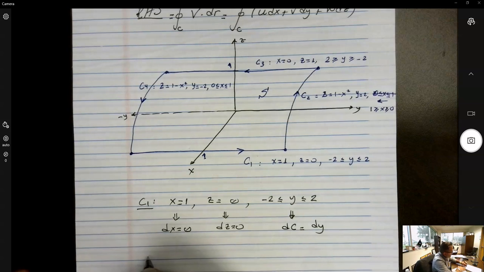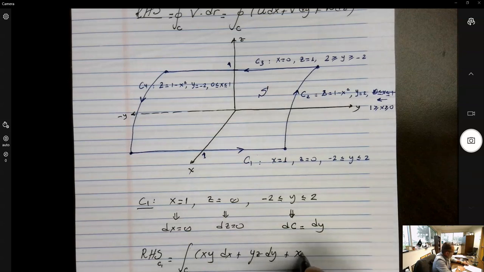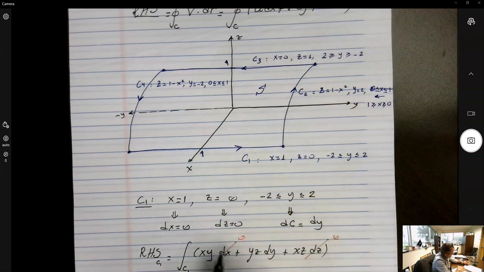All right. So the right-hand side along curve C1 is equal to the integral along C1 of xy dx plus yz dy plus xz dz. And remember, we found out that dx was equal to 0, dz was equal to 0, and we also find that z is equal to 0.